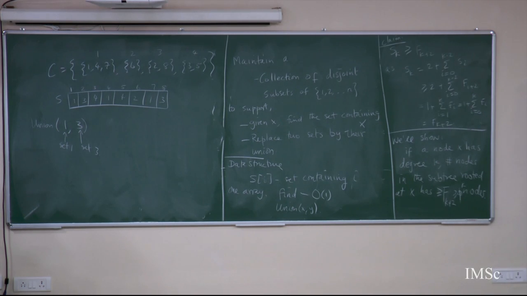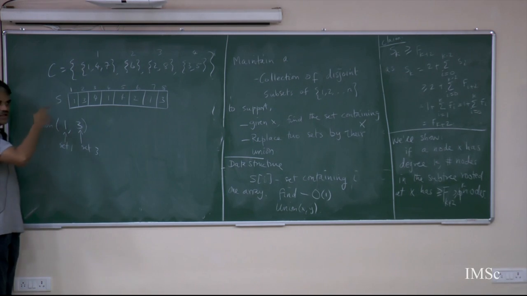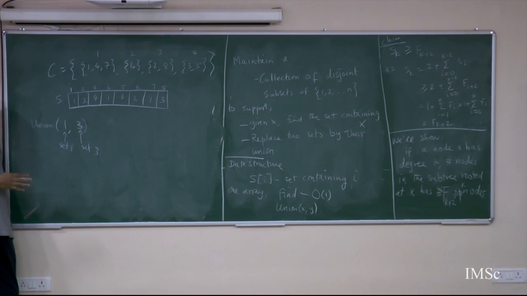So then what do I have to do? I have to go to this array and change all the 1s to 3 or change all the 3s to 1. That's all I have to do. That means these two sets are merged. But it could be order n, because you have to find who all the 1s are. They may be scattered, so you have to go through the entire array.